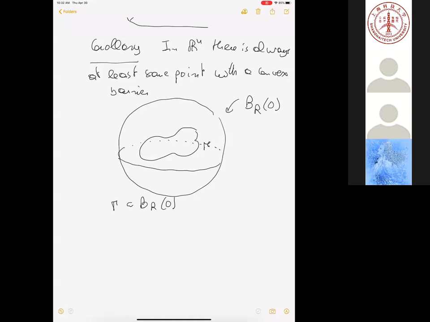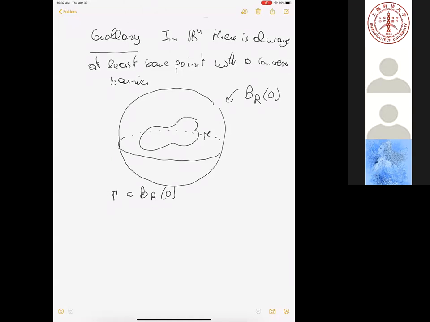And then you can take the smallest ball that actually contains gamma, and such a smallest ball is bound to touch your surface gamma, at least at some point, right? So this is going to be kind of the smallest ball containing gamma, and that's actually a convex barrier for the minimizer.